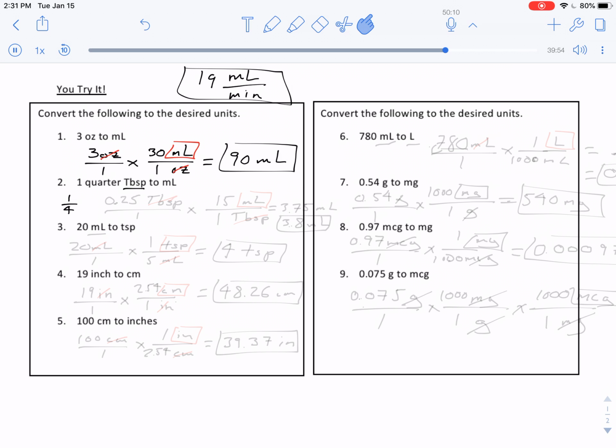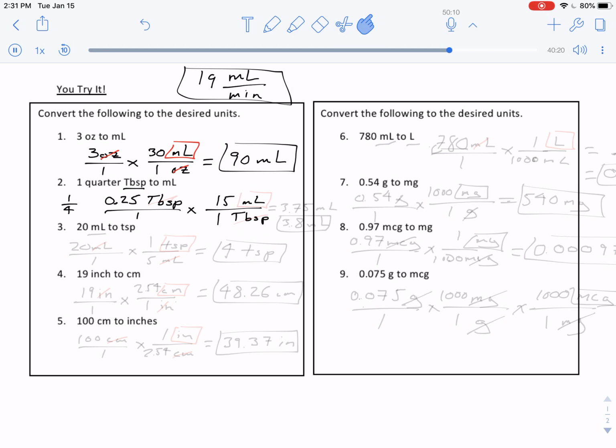If you don't like fractions, then I might suggest working with 0.25. So we're talking about 0.25 tablespoons per one thing, right? And then I'm going to multiply by the conversion with tablespoons on the bottom and milliliters on the top, to get them to cancel. There is 15 milliliters in 1 tablespoon.